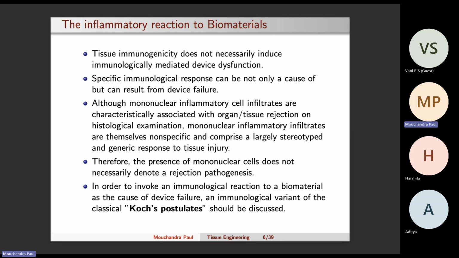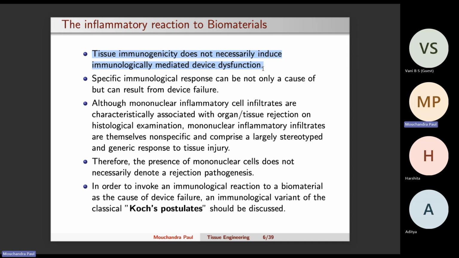So, tissue immunogenicity. Now, remember, tissue immunogenicity does not necessarily induce immunologically mediated tissue dysfunction. So, as I told you in the figure slide where I was explaining the local and systemic interaction, I mentioned that the failure of your implant can be due to the immune response, means the host has caused an immune response because of which your implant has failed.